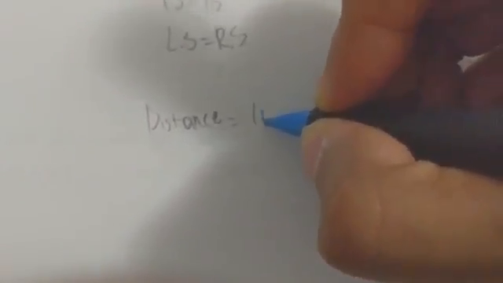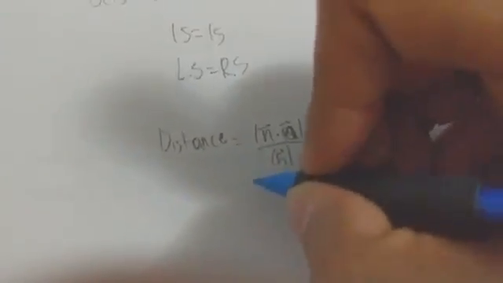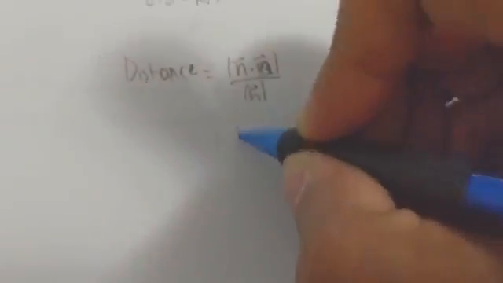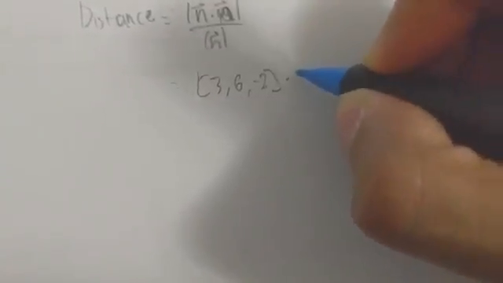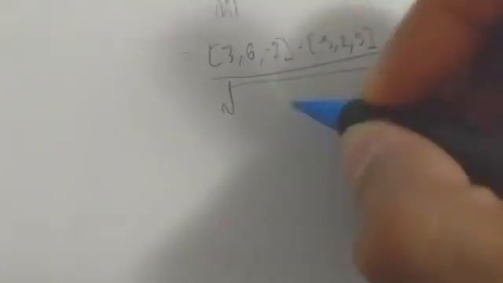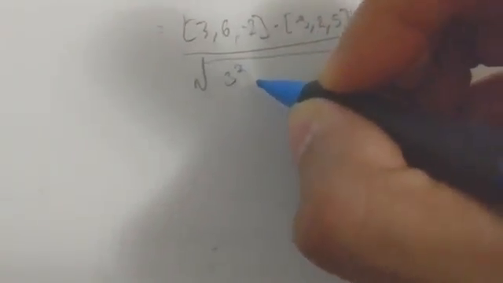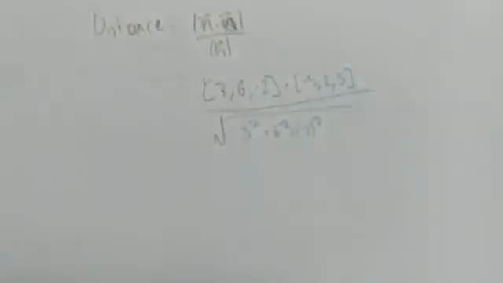And then we're able to use this formula. Distance is equal to the magnitude of n vector dot PQ over the magnitude of n. So that becomes 3, 6, negative 2 dot negative 3, 2, and 5 over the magnitude of the n vector. So that's the square root of 3 squared plus 6 squared plus negative 2 squared.